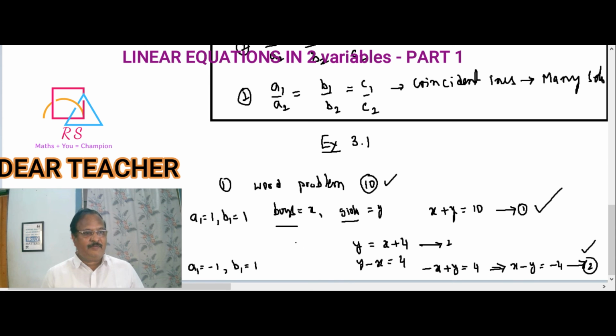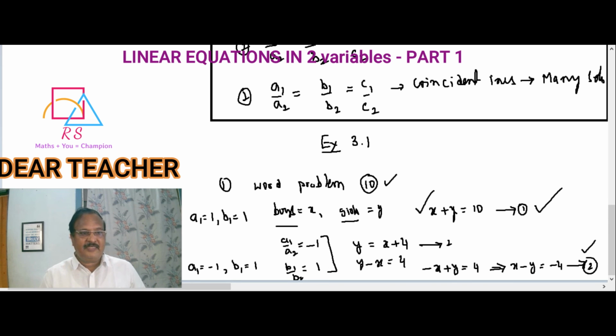So a1 by a2 is equal to 1 by minus 1, which is minus 1. b1 by b2 is equal to 1 by 1, which is 1. So both are not equal, therefore there is a unique solution.